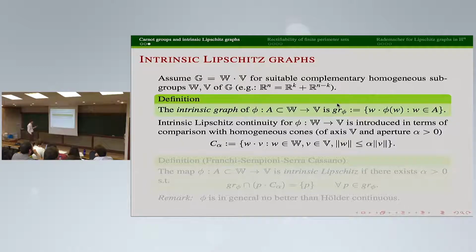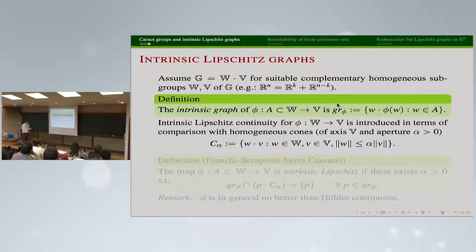So you have to imagine this as a cone. Of course this is a one-homogeneous cone. It's homogeneous with respect to dilations because the norms we considered are homogeneous. You have to imagine this as a cone with vertex the origin and axis V. All elements in V, of course, belong to this set because they are of the form identity times V, and the identity has norm 0.